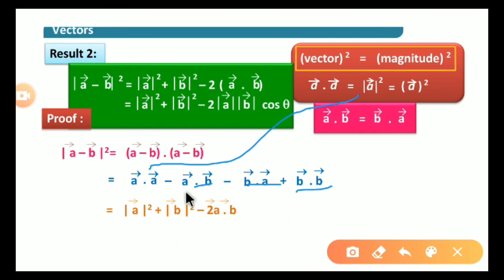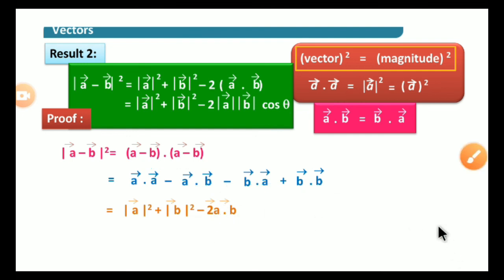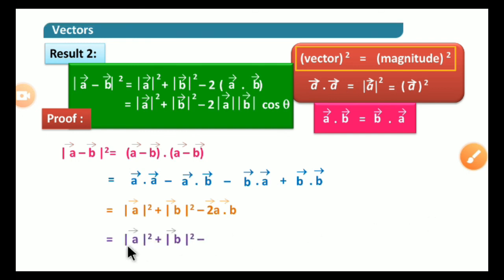Therefore, we can write, we have to make the addition, because minus minus is there. So it becomes minus 2 into A dot B, which can also be written as magnitude of A square plus magnitude of B square minus 2 into magnitude of A into magnitude of B into cos theta. So this is the proof of result 2.